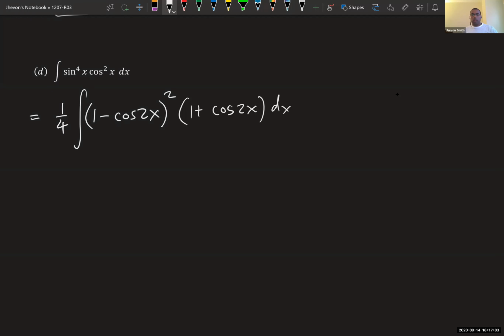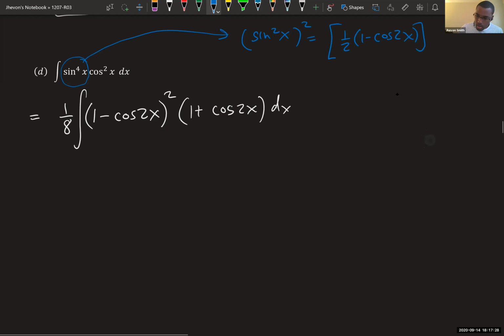No, something's off. Would it be 1/8? Because you technically used the double angle formula twice for the sine to the 4th. Right, it ends up being 1/8. The idea is this sine to the fourth part, it's sine squared, and then I applied the double angle formula on the inside. So the square squares the half and squares this guy, so you get 1/4 from that.